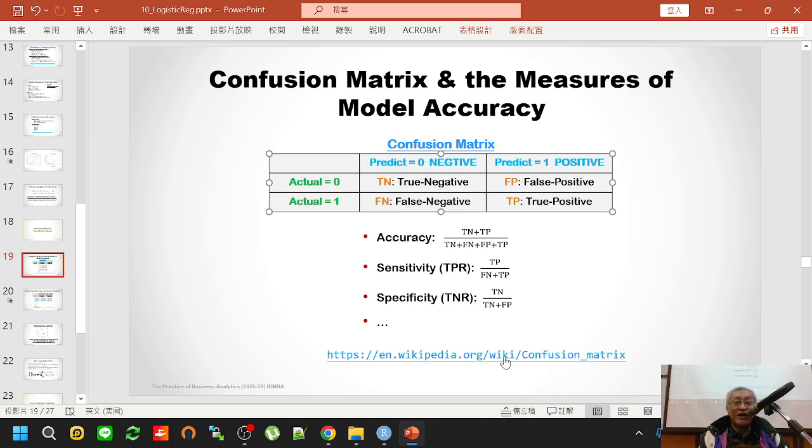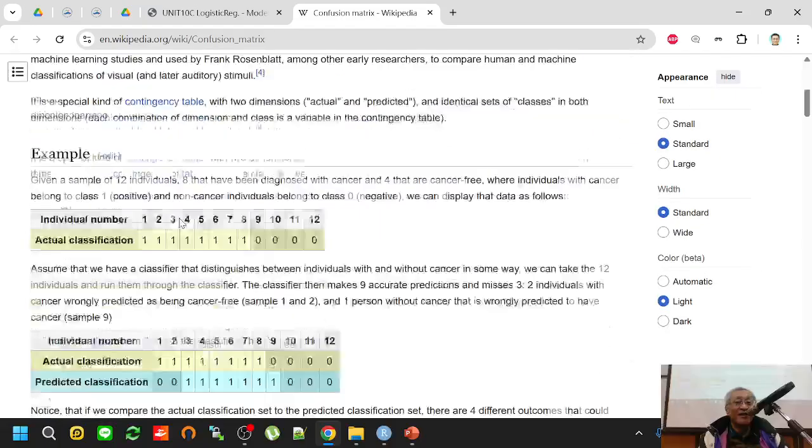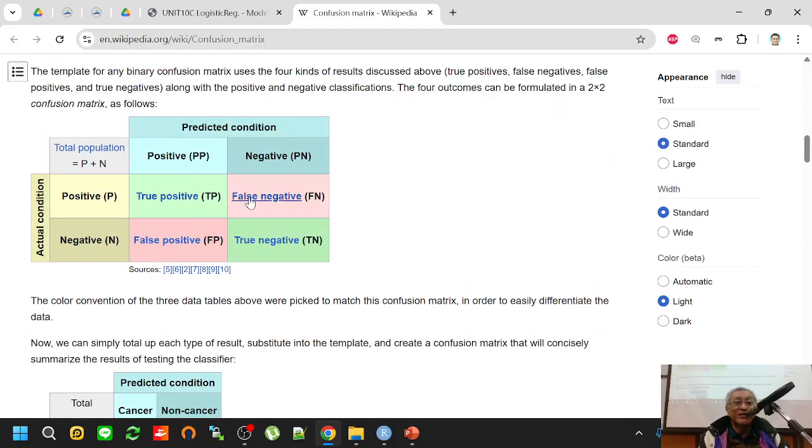If you go to Wikipedia, there is a term called confusion matrix, and as you can see here, it is actually quite simple. It only has 4 cells. Here is the actual, and here is the predicted. So you have TP, TN, FP, FN.